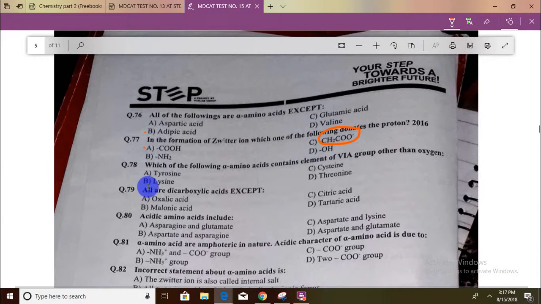So which of the following alpha amino acids contains an element of group 6 other than oxygen? So if you're familiar with the 6th group, oxygen is in, I believe it's in group number 2.